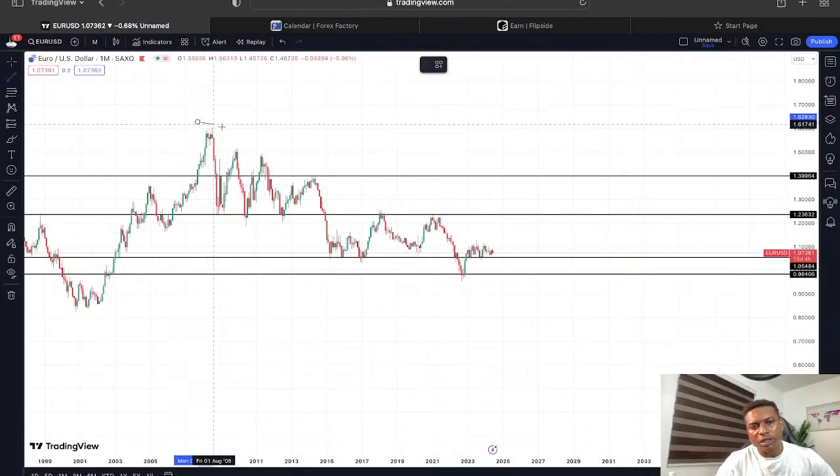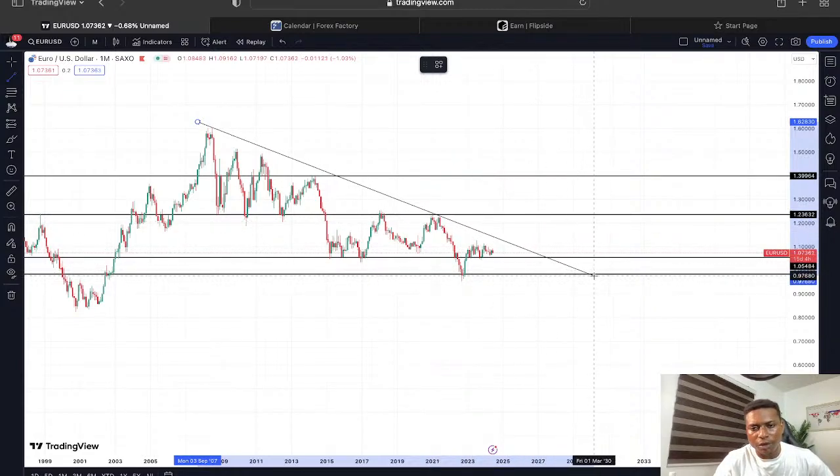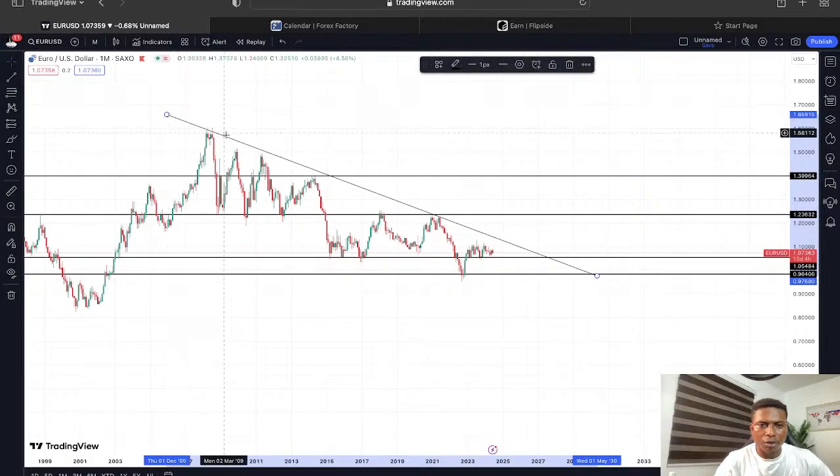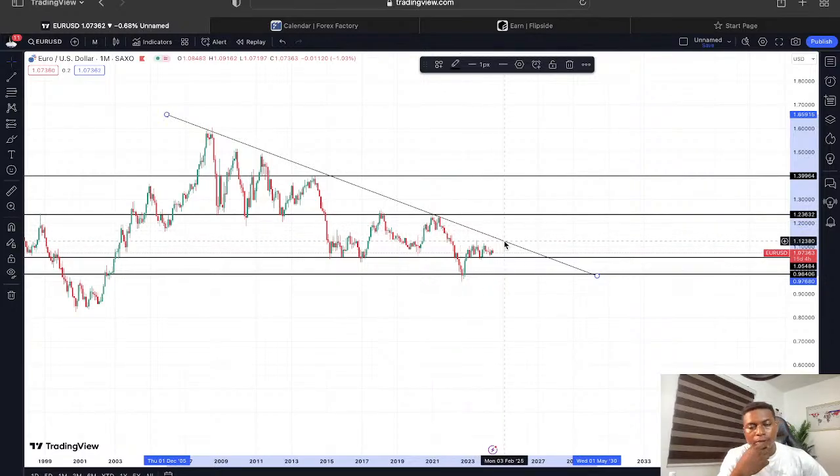Now, what is the overview of the market direction on a larger time frame? You can see that Euro USD has been on a downward slope, one that looks like a descending triangle.